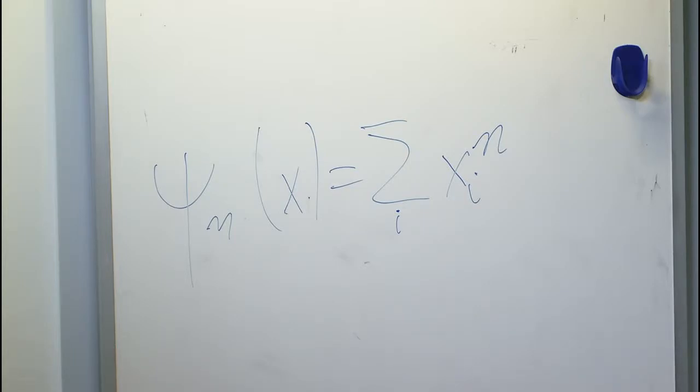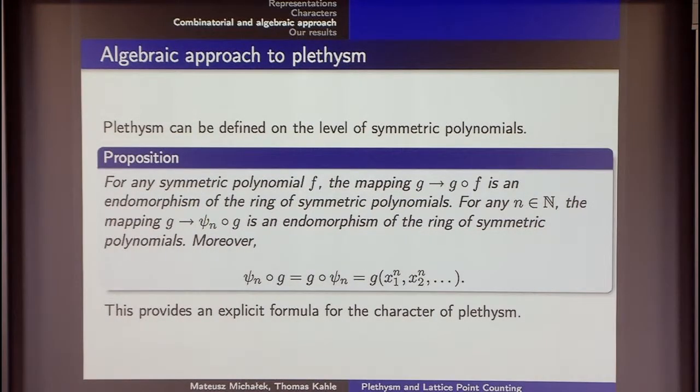So if you do not like to compose Schur functors, you can consider this as a definition of Plethysm on the level of symmetric functions, because any symmetric function can be expressed in those psi's as a ring generated by those psi.